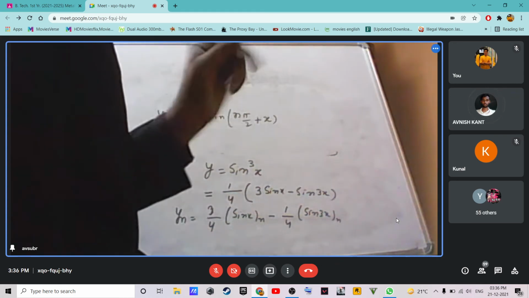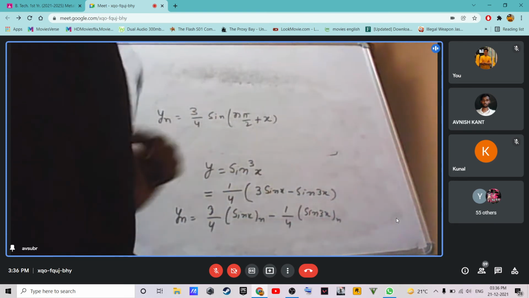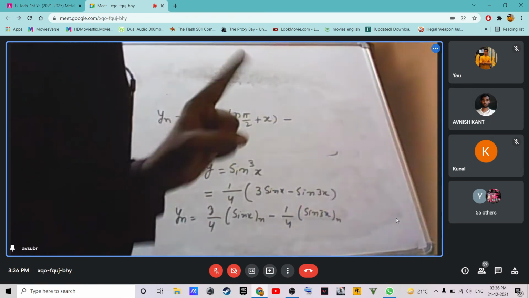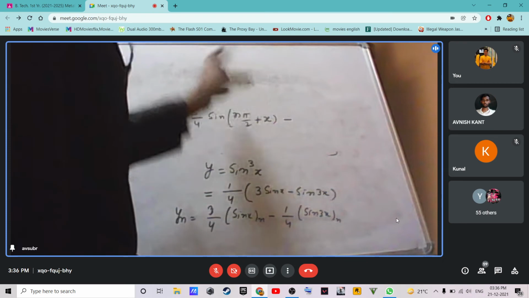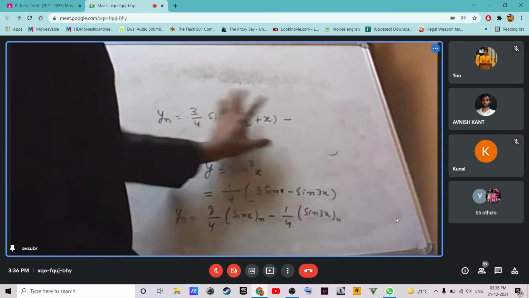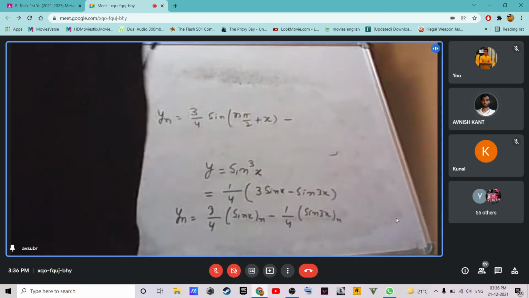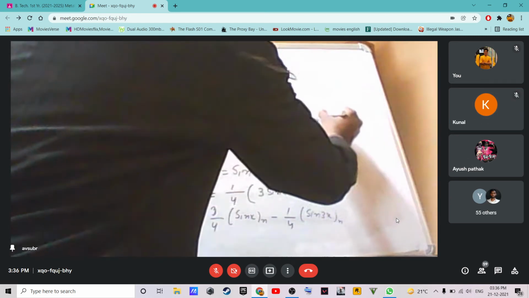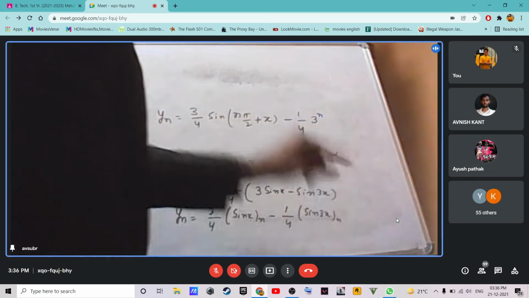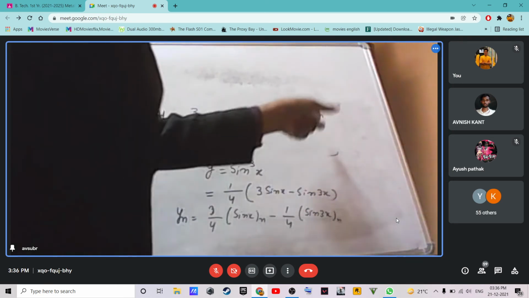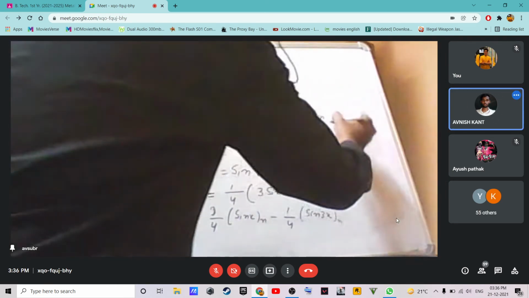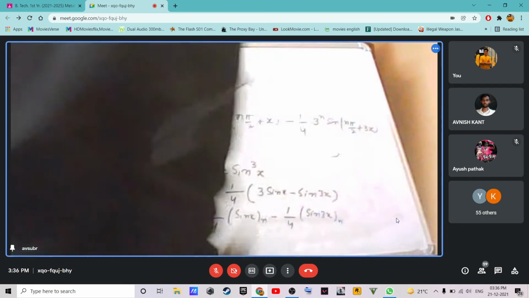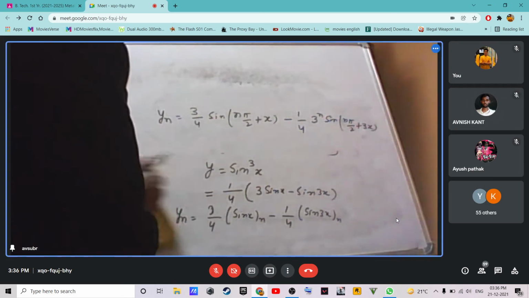Here b is 0 and a is 1, so 1 to the power n is 1. And in this case, minus 1 by 4 times a to the power n, where a is 3, so 3 to the power n, sin(n pi by 2 plus 3x).